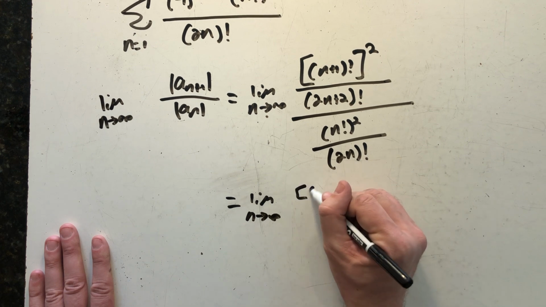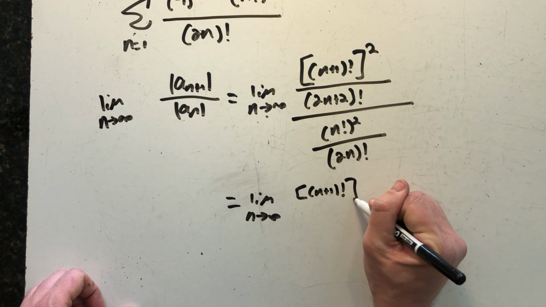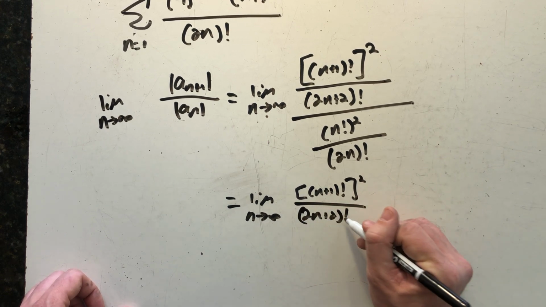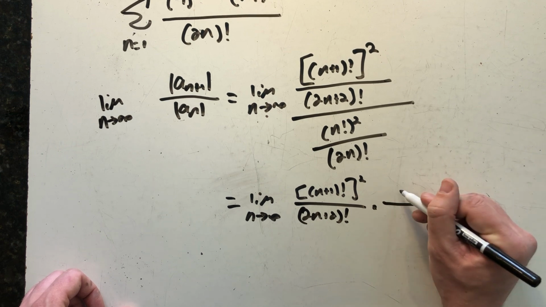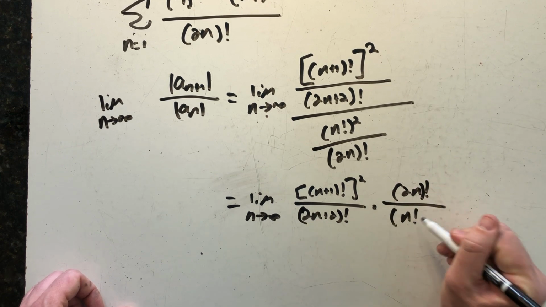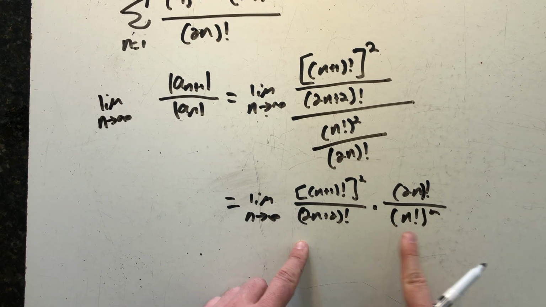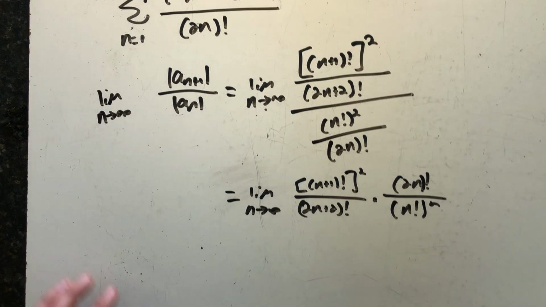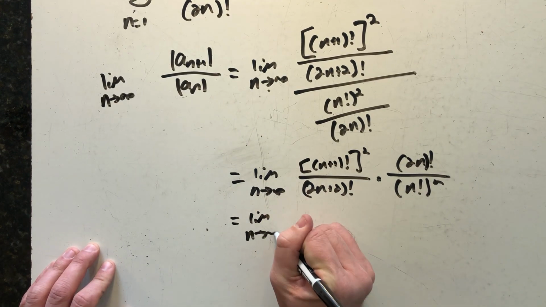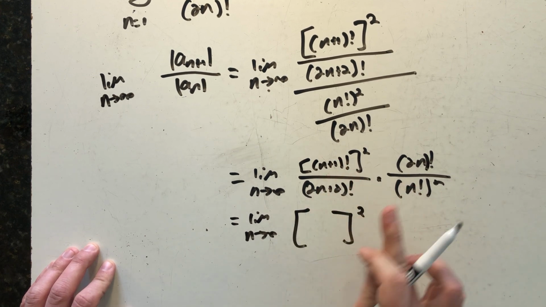So I can leave the top alone just for a second. (n plus 1) factorial squared all over (2n plus 2) factorial times (2n) factorial all over (n factorial) squared. All right, I'm going to flip-flop things on the bottom to make the arithmetic easier to deal with. So everything I'm going to write here is being squared.